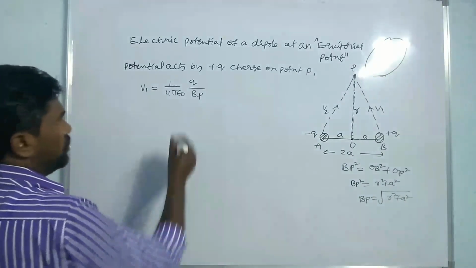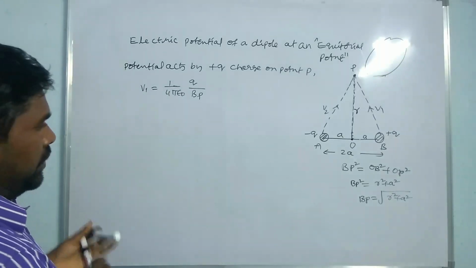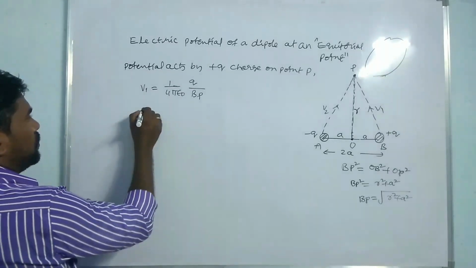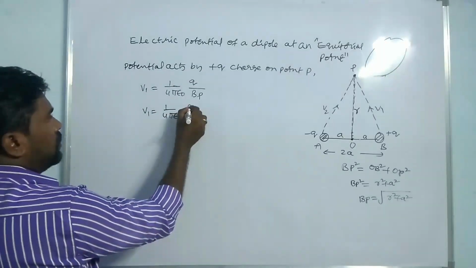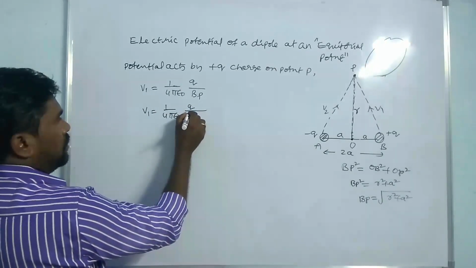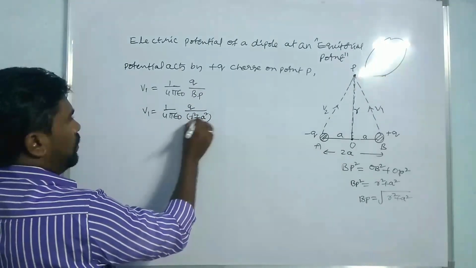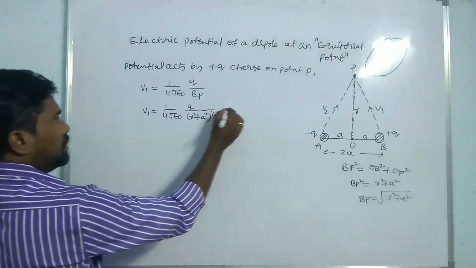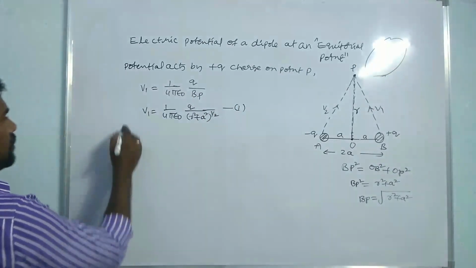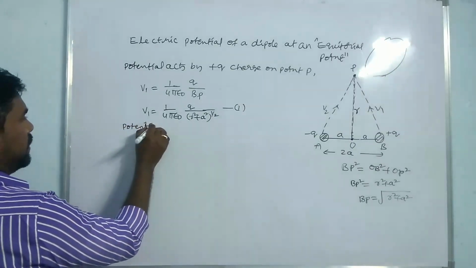Therefore, we can write V1 is equal to 1 by 4 pi epsilon naught, Q by R square plus A square whole power 1 by 2. The square root should be written as power 1 by 2. This is equation 1.